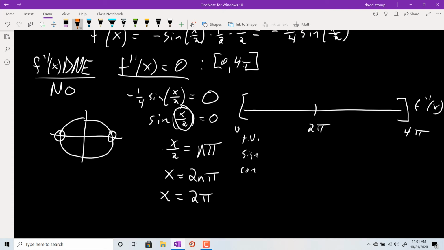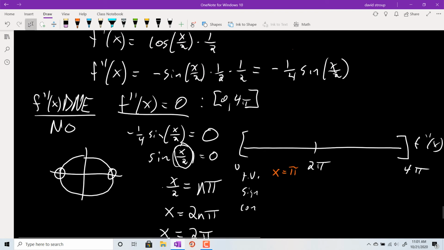Okay, so test value, we'll try x is pi. And I'm plugging this into the second derivative, which is back here in red. Sine of pi over 2, so you have to plug pi in for x, so sine of pi over 2 is 1, positive 1. Negative 1/4 times 1 is negative, so it's a sad face.